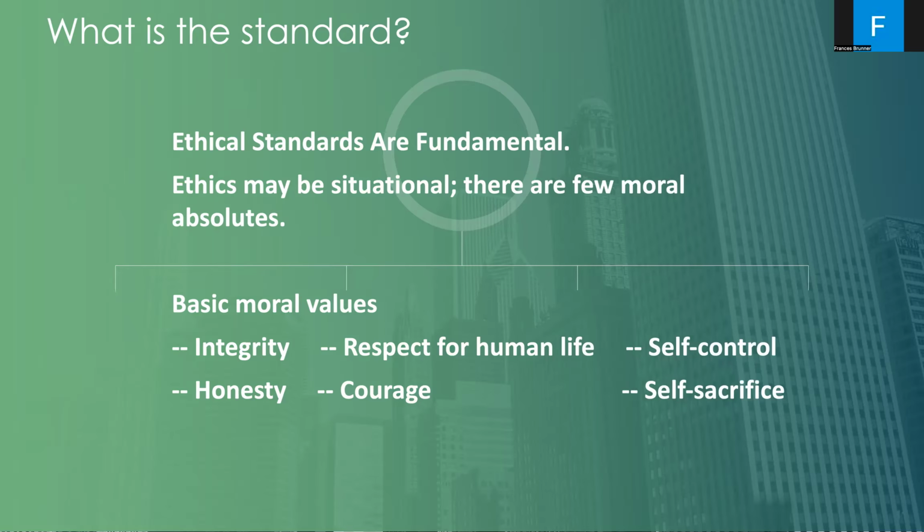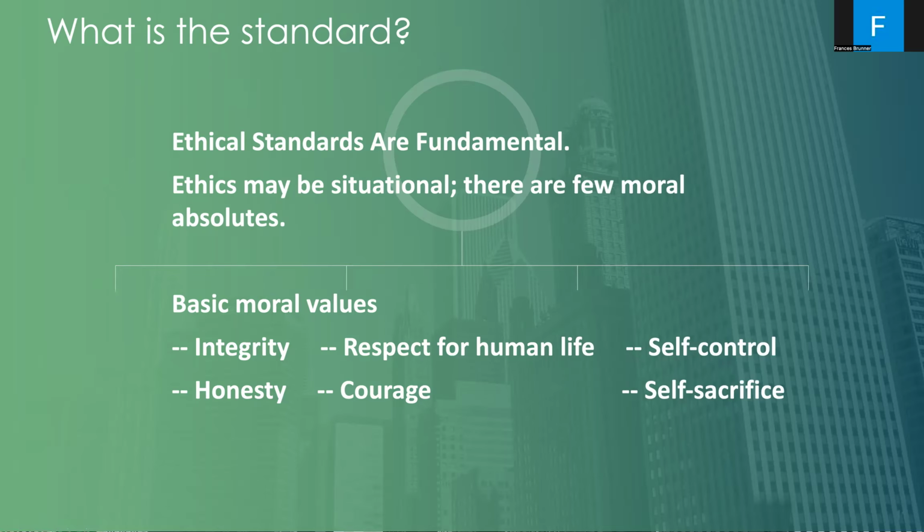This means that everyone can generally agree and not deny that the outlined phrases below are part of overall morality and ethical structure. So, the values of integrity, honesty, respect for human life, courage, self-control, and self-sacrifice.